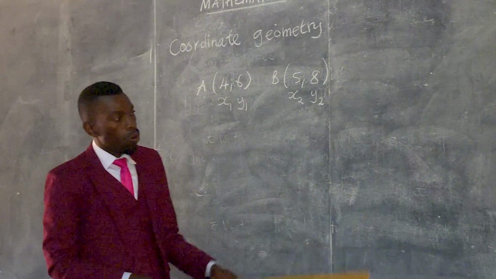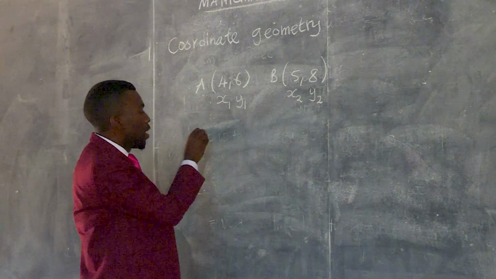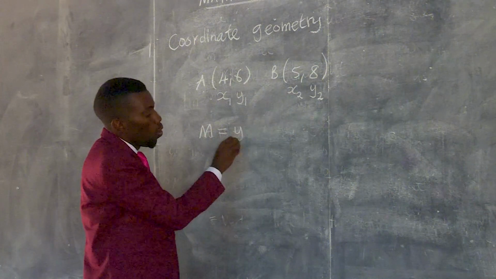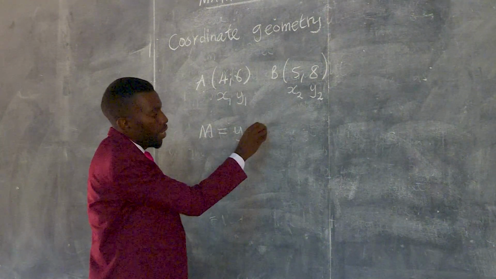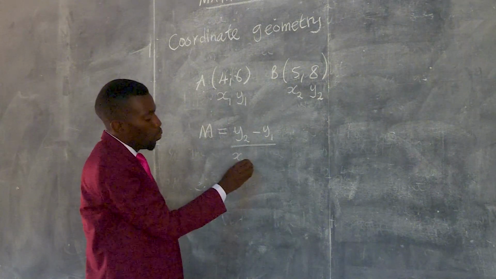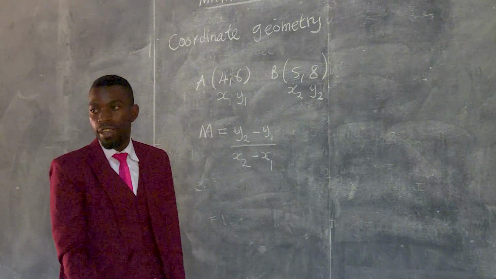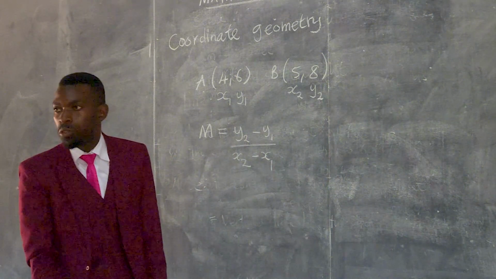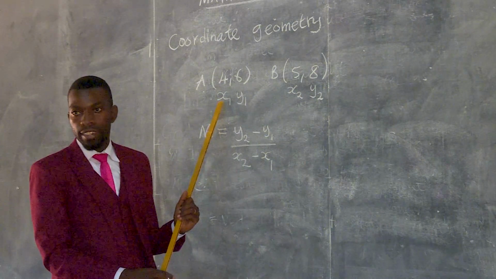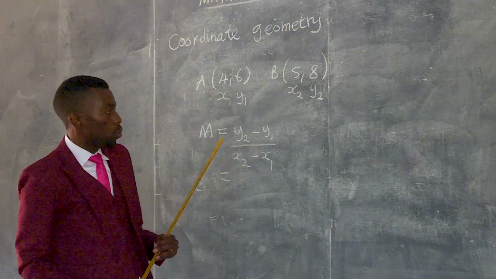From there now, we can write the formula. So our formula is M, which stands for gradient, is equal to y2 minus y1 over x2 minus x1. Then next, we'll do the substitution. We have already named the coordinates there, so we just start the substitution.